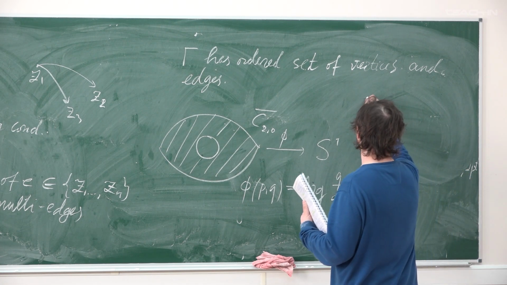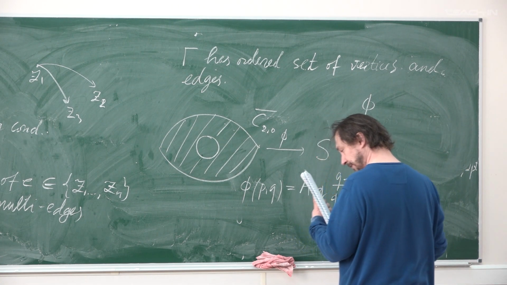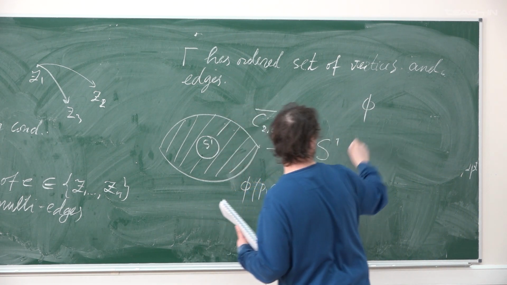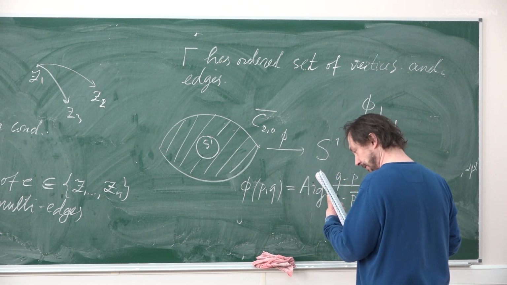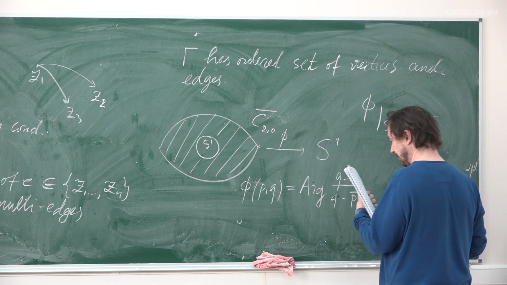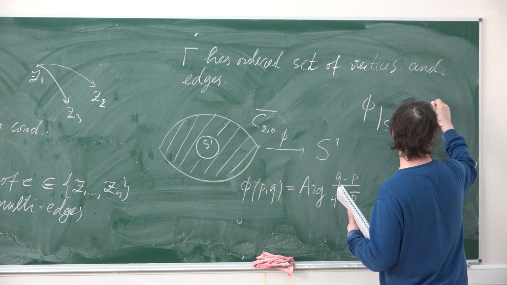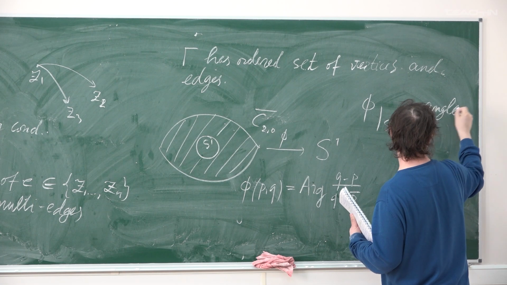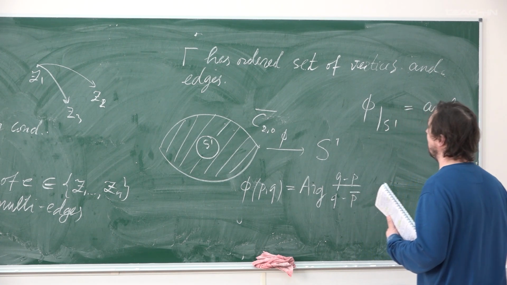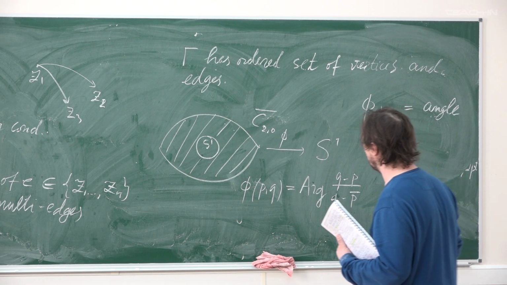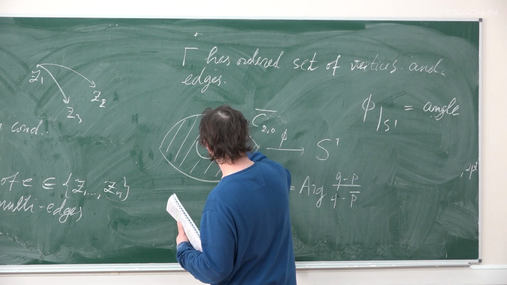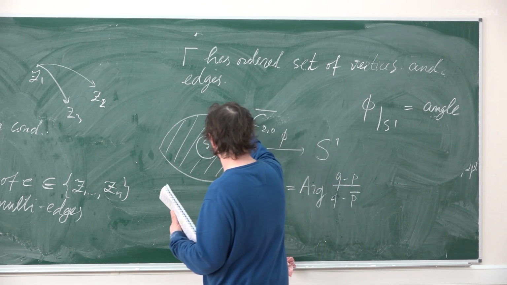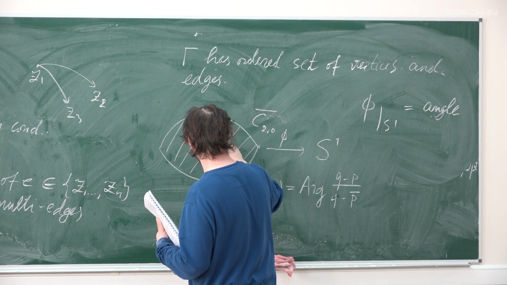Observe that phi of this inner S1 is just the angle. I don't know how to call this. The angle measure of the arc of this circle, which you measure from the vertical line in the positive direction.